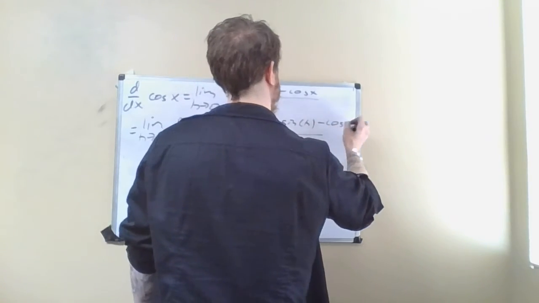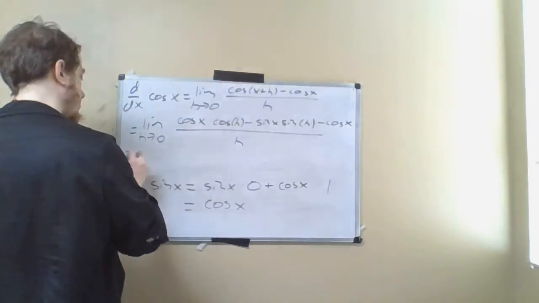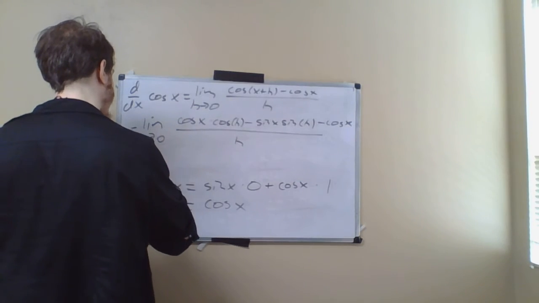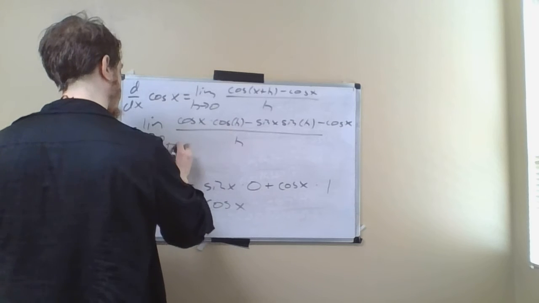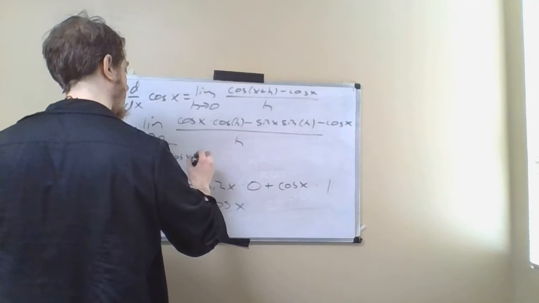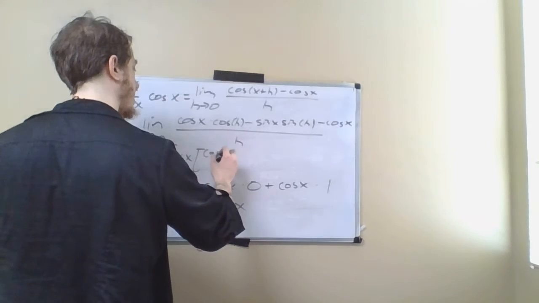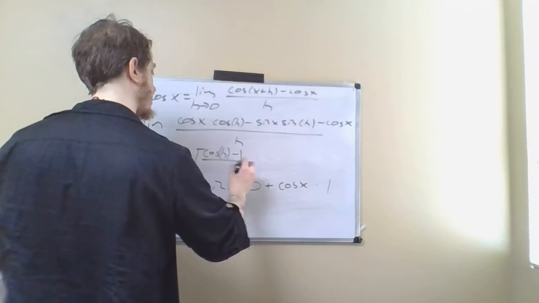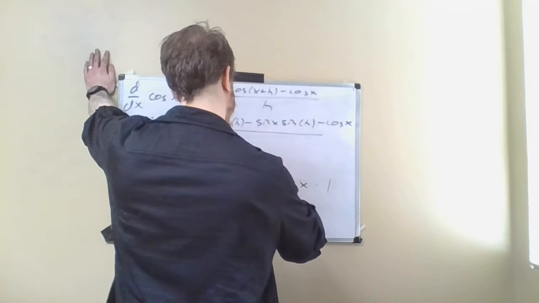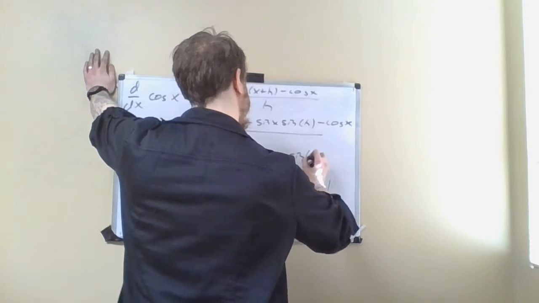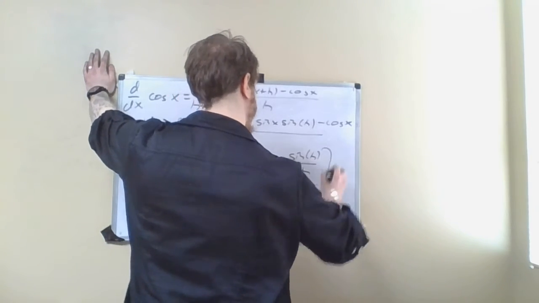And then, of course, we are subtracting cosine x still. So this is going to become the limit as h approaches 0. If I rewrite this a bit, this is going to be cosine x times cosine of h minus 1 over h minus sine x times sine of h divided by h.